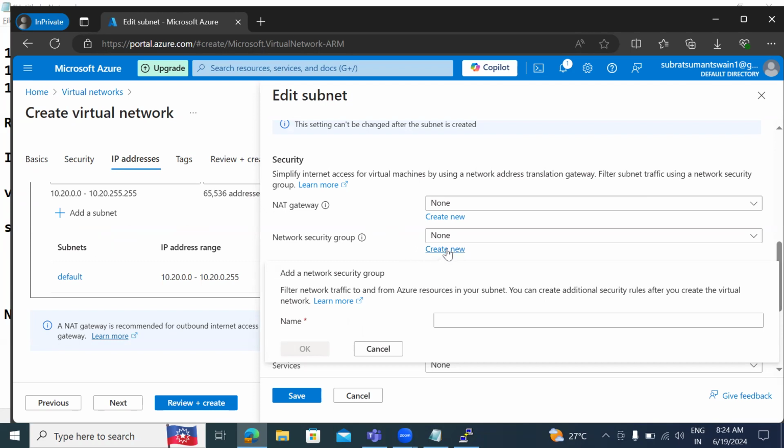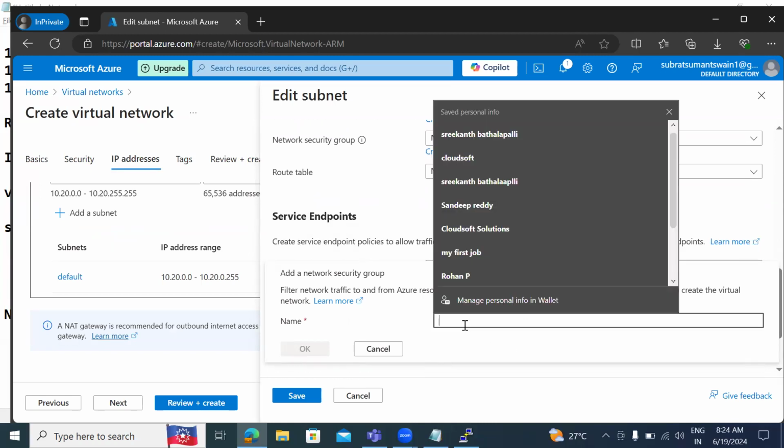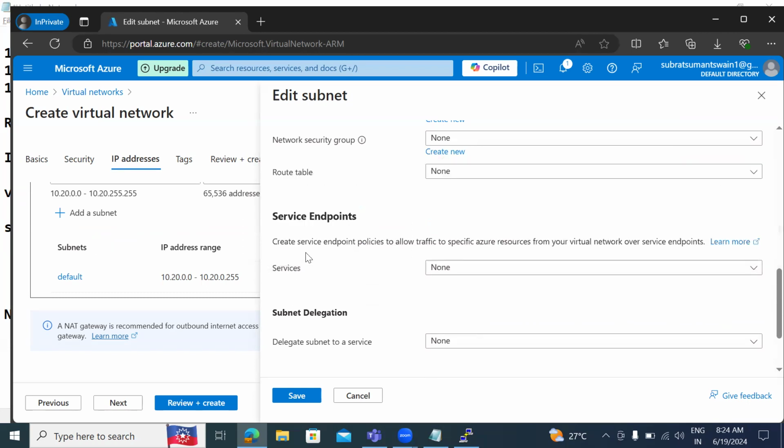I'm going to create a new VNet here, an Azure VNet NSG. I'm going to create it now.